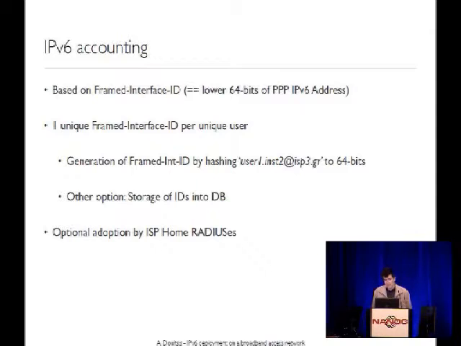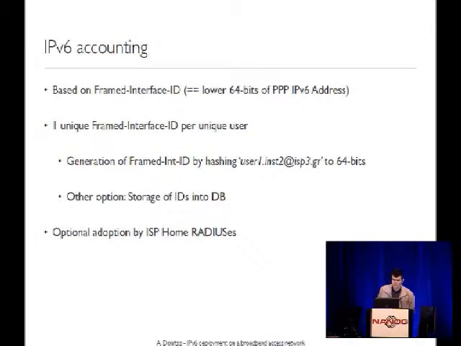The only attribute present in the accounting messages is the framed interface ID, so that is only the lowest 64 bits. So what do we do? We make sure that each user has a unique 64-bit interface ID. So when I connect to the EduDSL infrastructure, my IPv6 address always has the lowest 64 bits the same.